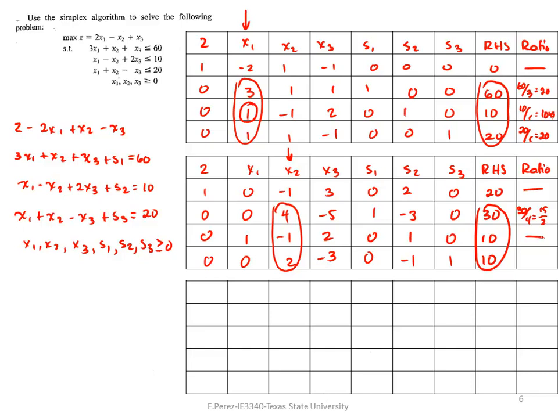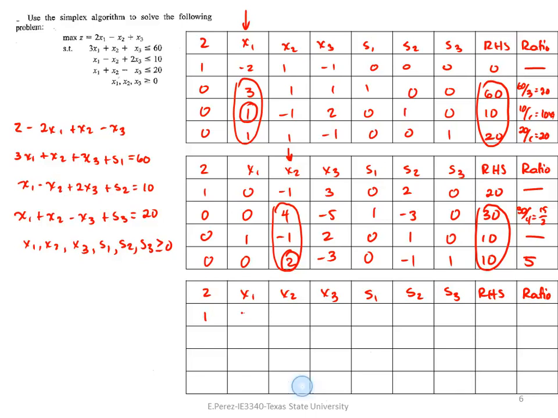Then we have this one, which is negative, so we cannot use that ratio. And the next one is 5. So the minimum ratio corresponds to that last row. So we're going to pivot this number and make the other two equal to 0. You perform those operations, you have z, x1, x2, x3, s1, s2, s3, right hand side, ratio.